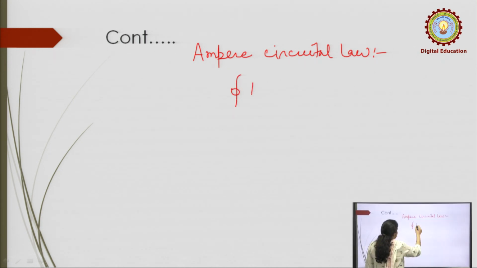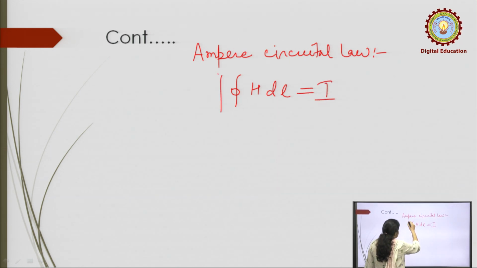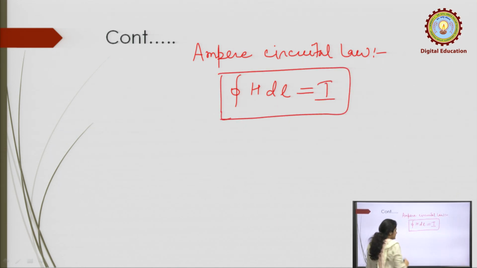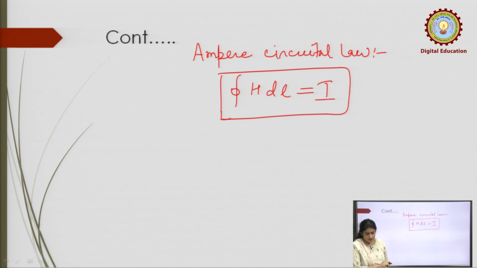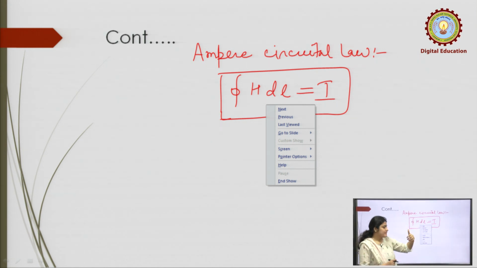This represents that the magnetic field intensity in a closed path is equal to the current enclosed by that path. So, if there is a current, we will find the magnetic field. Okay. So, this is represented by the right hand.